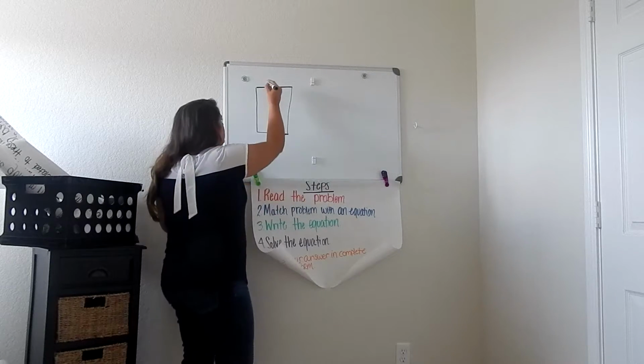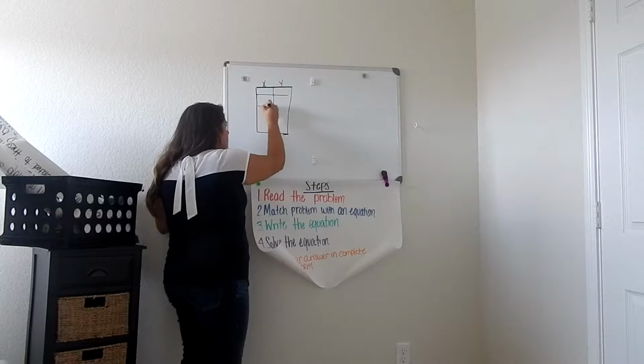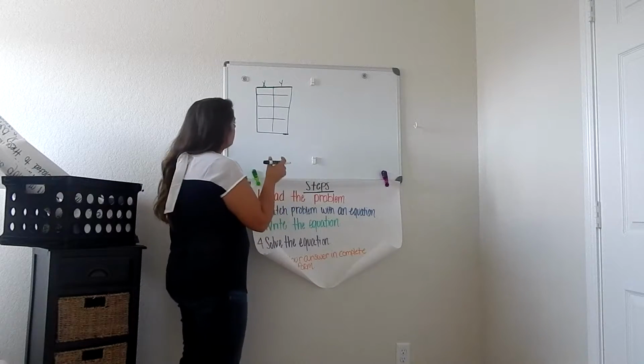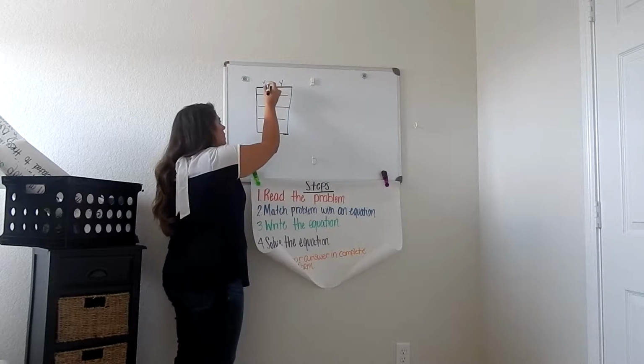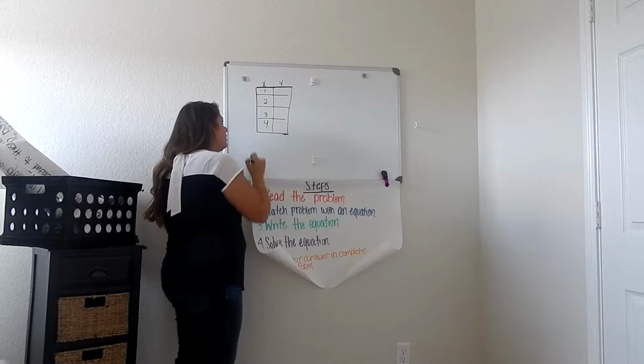And so here we have an x and a y, correct? We have our columns, kind of like a T-chart like we've been learning, right? Okay, so say we have these numbers in our x, okay?